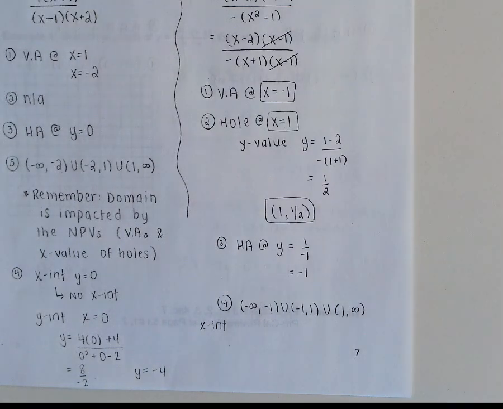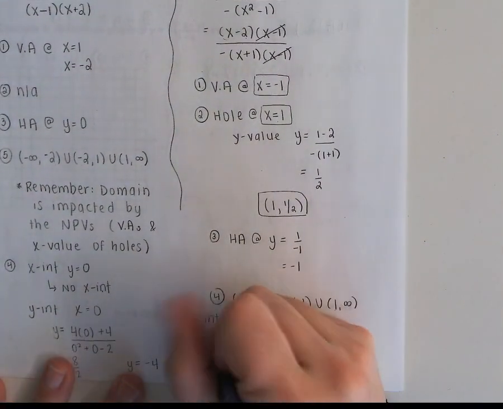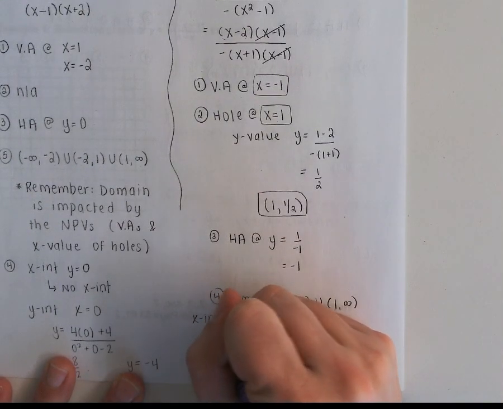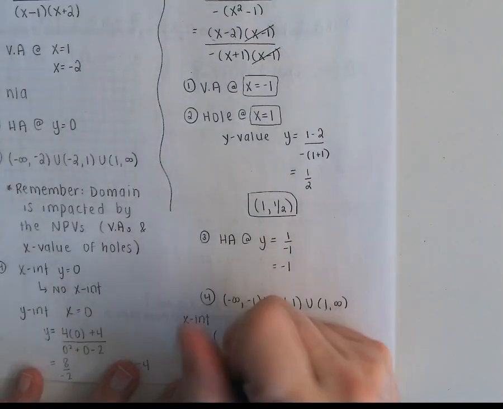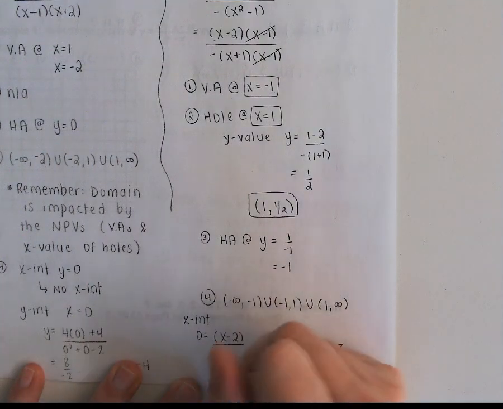Remember, your x-intercept is when y is equal to 0. Now I'm going to use the simplified equation, and I'm going to plug in 0 equals x minus 2 over negative x plus 1.